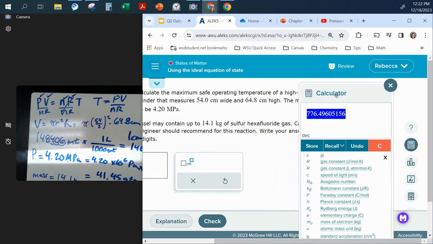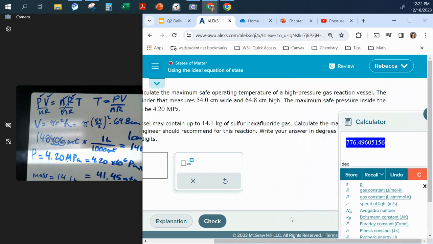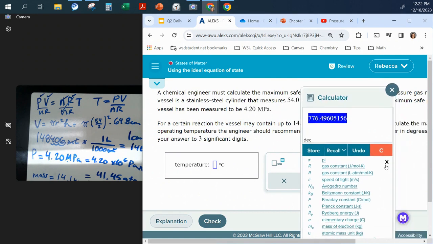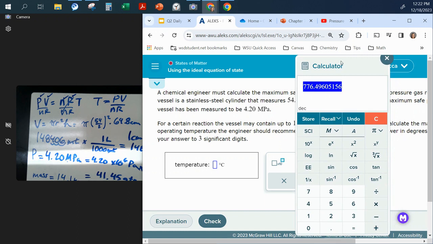Okay, so this is my temperature. It is in Kelvin. And they're asking for it in Celsius. So we have to subtract off 273.15. Okay, so that's my temperature in Celsius.